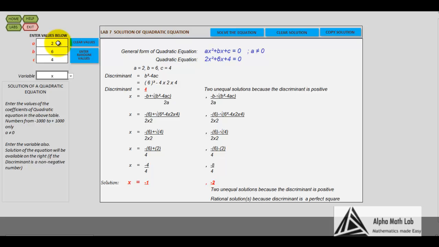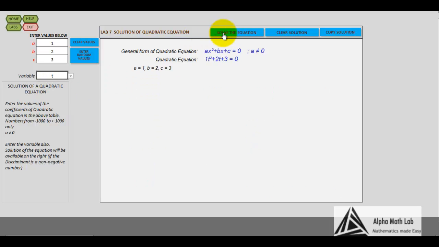You can change the values of A and B and C manually, like 1, 2 and 3. Choose a variable from this list and solve the equation.